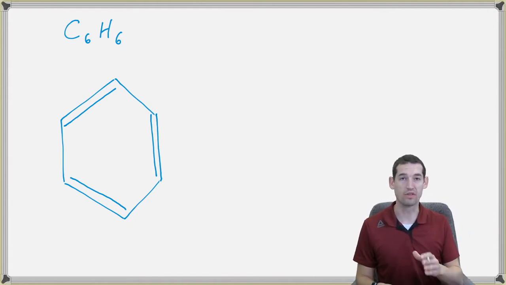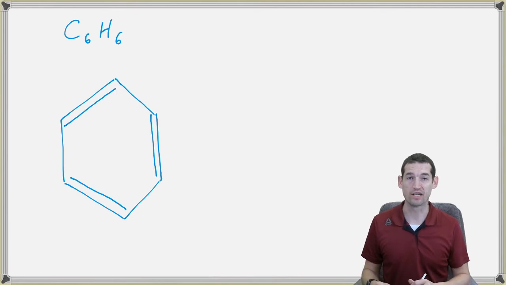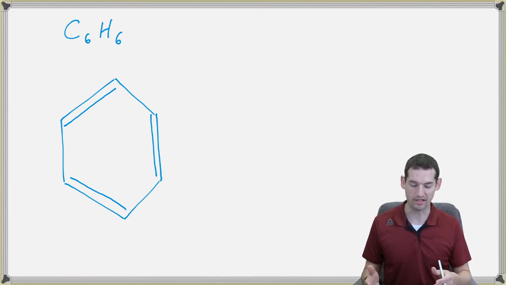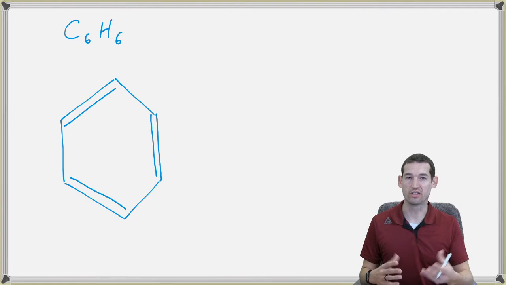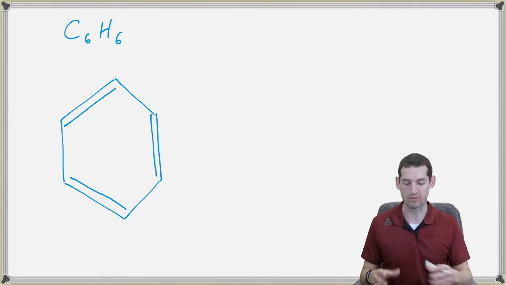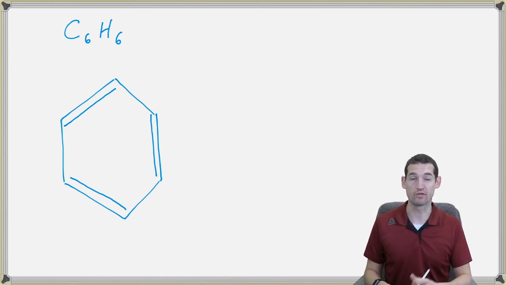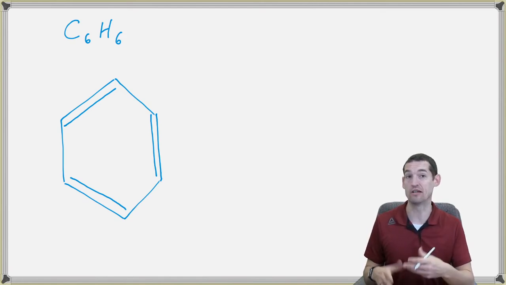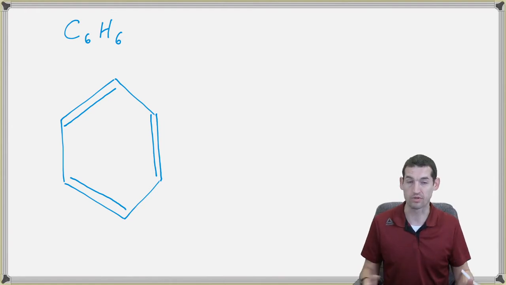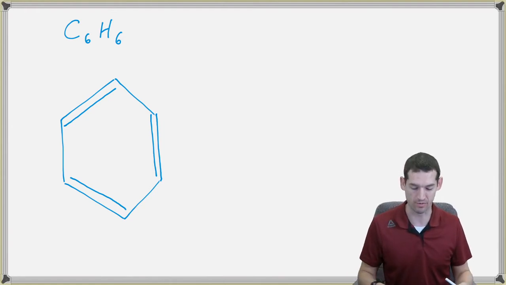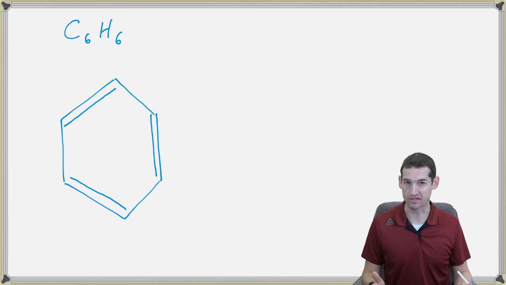Now, the problem with this setup was that experimentally, when they looked at it, remember I talked a little bit about behavior and the functional groups, these families. If you were to look at this molecule, at least how it's drawn right now, you would think that it should act like an alkene because it has 3 double bonds. It should act like it has double bonds, and benzene doesn't.